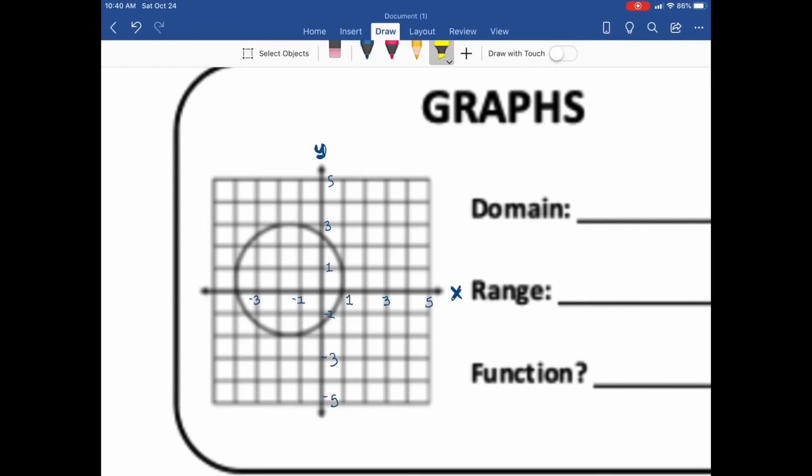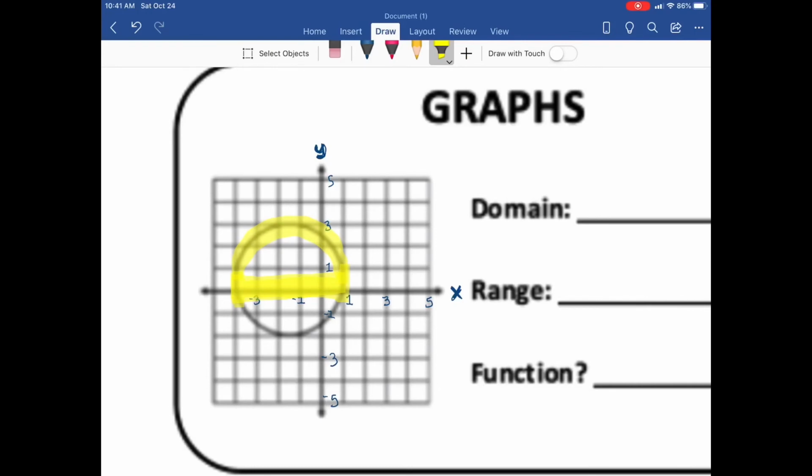So when we're looking for domain and range for graphs, let's look at domain first. We want to see what x values are included on this graph. And you can see that it looks like all of the x values from here to here make up our graph, right? All of those x values in between -3 and 1.